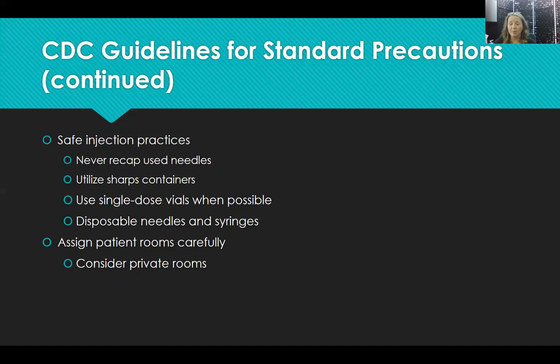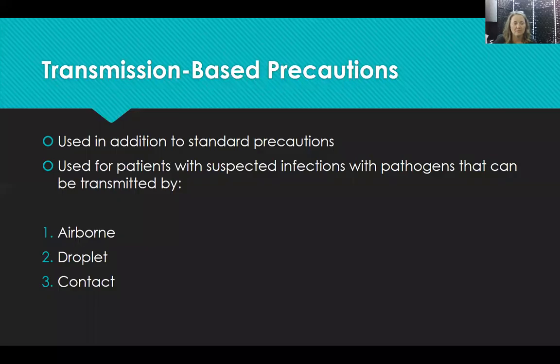And it may be required that they're certainly distanced, but that would be something that needs to be considered, as patients with infectious processes need to be in private rooms. So transmission-based precautions versus standard precautions is going to be used in addition to standard precautions.